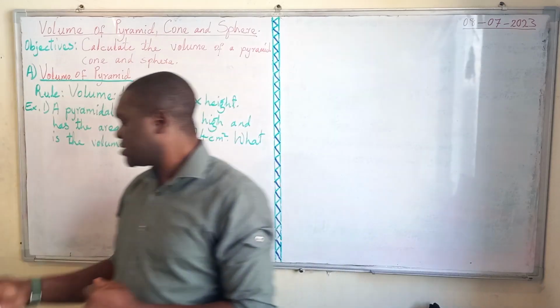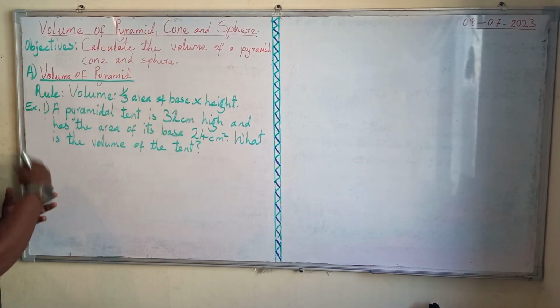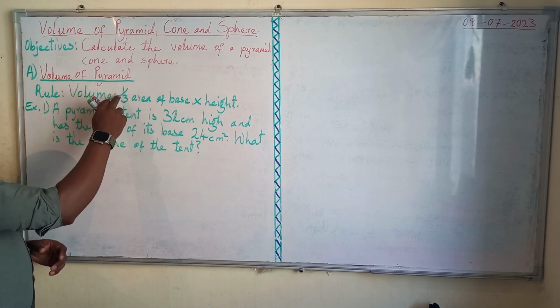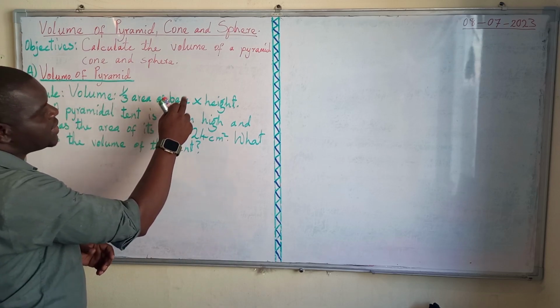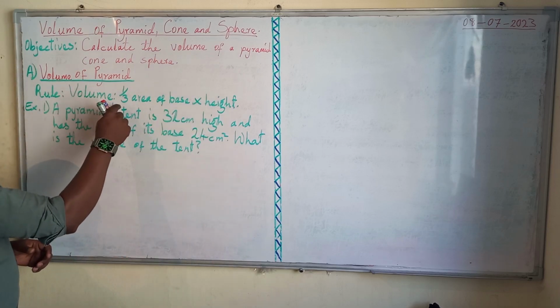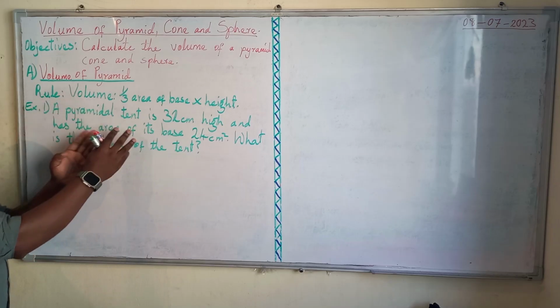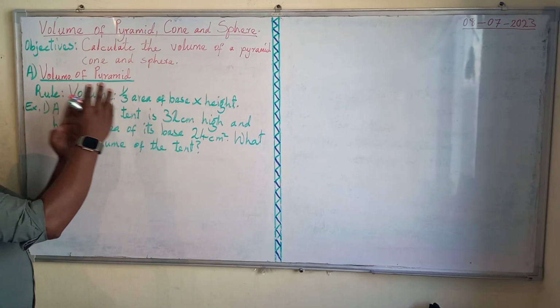The rule states that the volume of a pyramid is equal to a third of the area of base times height, 1/3 area of base times height. Let's apply this example and find out what to do.